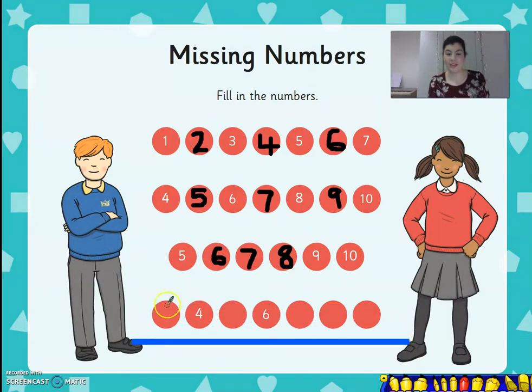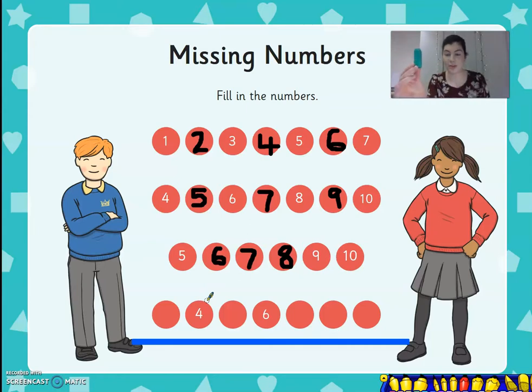Right. Last one. Now this one, we've not even got our first number. Look how many we're missing. Oh my goodness. But we do know there's a 4 and we know there's a 6. So if we know there's a 4, the one before the 4 is going to be 1 less than 4. So let's go with 4. 1 less than means we take 1 away. Now I've got 4 cubes here. Less than means we're going to take 1 away.